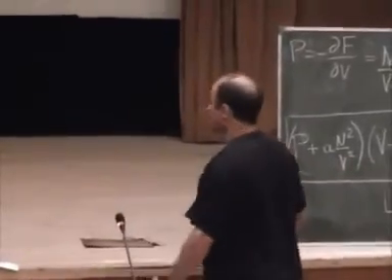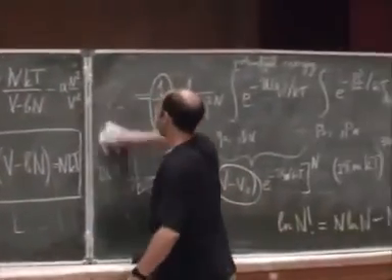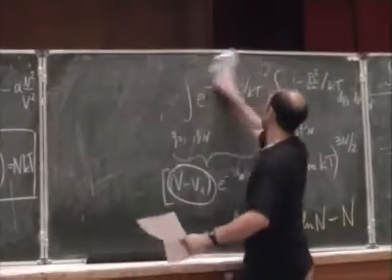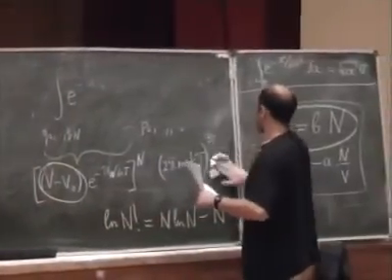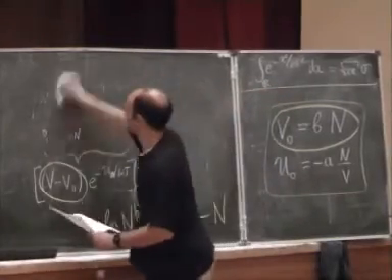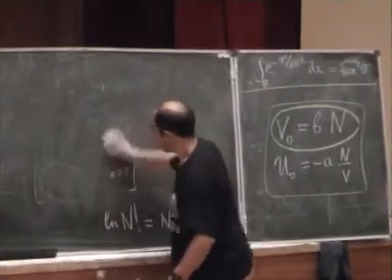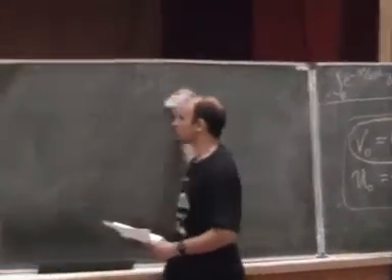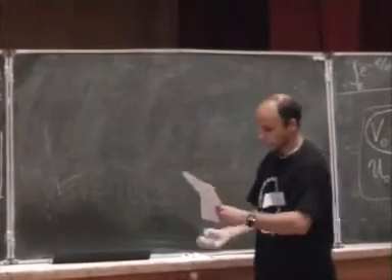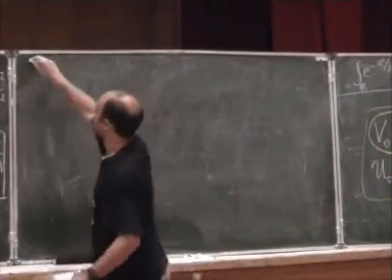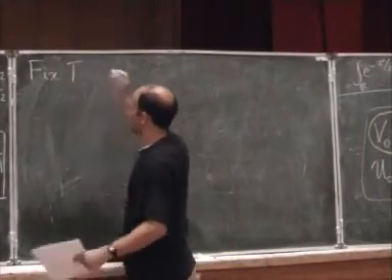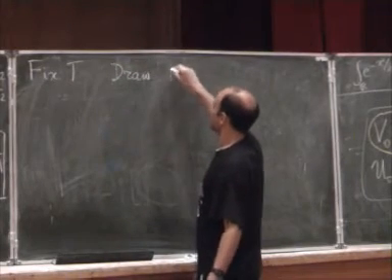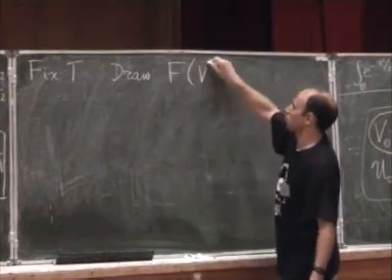Okay, so now I think I'll erase this. Now finally I can show you the phase transition. So let us fix T, fix the temperature, and draw F as a function of the volume.